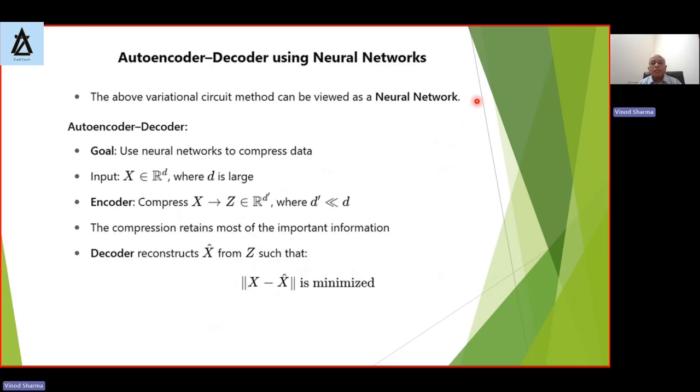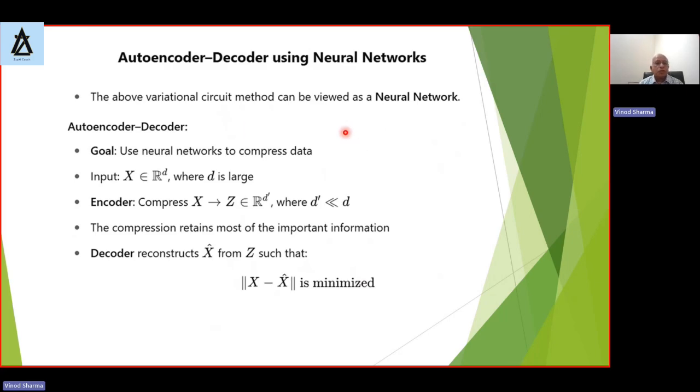Now we'll use variational quantum circuits for autoencoder-decoder circuits that are very popular in neural networks. The above variational circuits that we have talked about, we can think of them as neural networks in the usual machine learning setup. And then we will use these variational quantum circuits to make an autoencoder-decoder network as well.